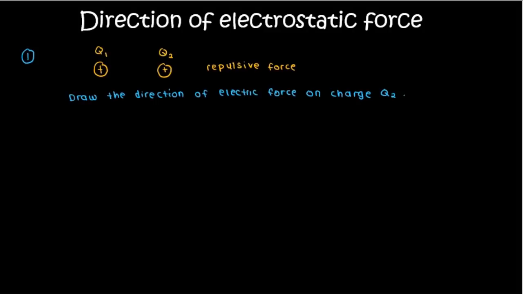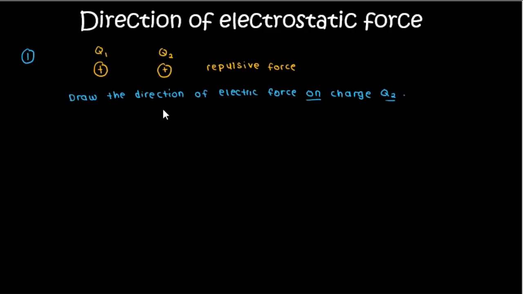The question asks us to draw the direction of electric force specifically on what charge. The focus is on the words on charge Q2, so the direction of force we need to draw is on charge Q2 only. So how do we solve this problem?